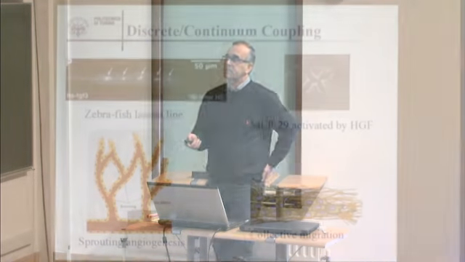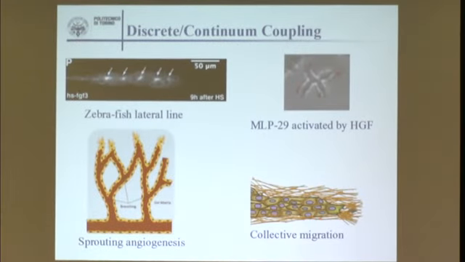These are some examples. This is the zebrafish in embryonic development. At some point you have the differentiation from this cloud of cells of some germs that will make some rosettes, as they are called, around them, that detach from this, and this forms the lateral line of the zebrafish.